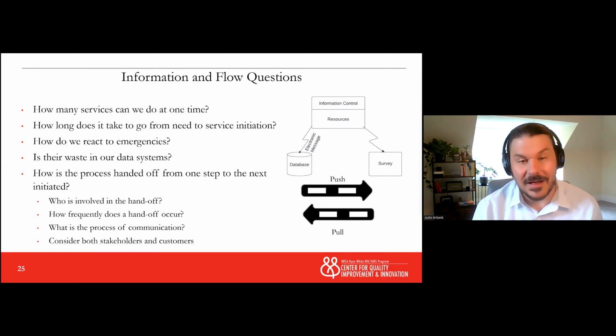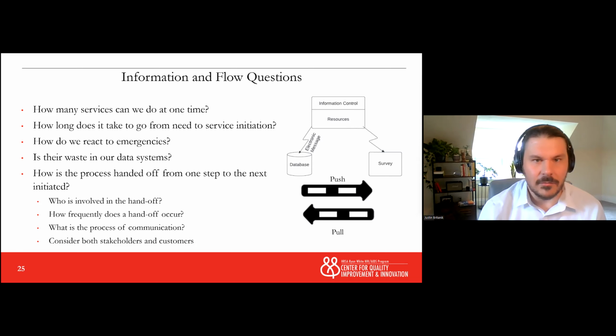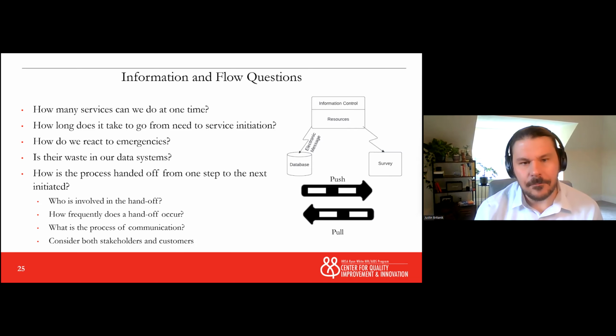Are we doing a lot of manual input, or duplication in more than one system? And when a process is handed off, either physically or electronically, we're just asking these questions. We're looking at our push lines, our pull lines, from database, electronic messages, surveys, resources, to that information control, which a lot of times is our EMR.